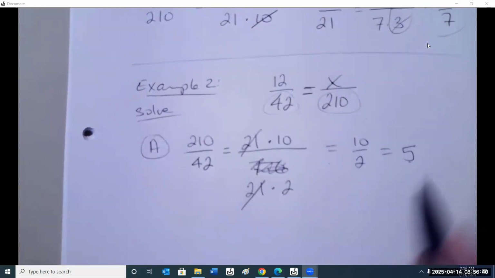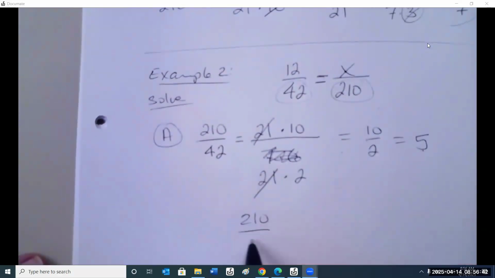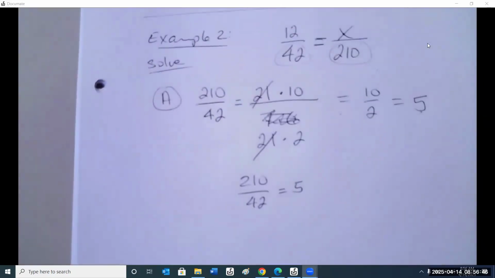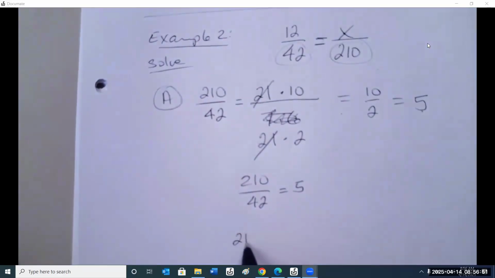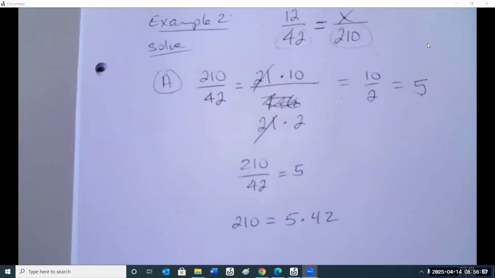So what does this tell us? We know that 210 over 42 is equal to 5, right? So what we learned last time was 210 is the same thing as 5 times 42. True? So in our equation, 12 over 42 equals x over 210.